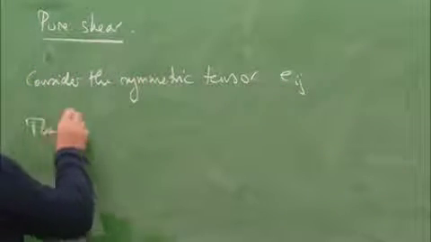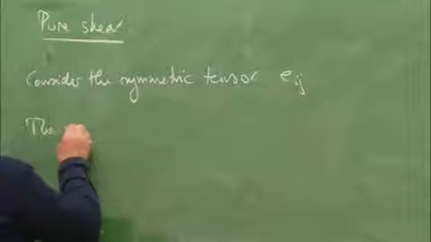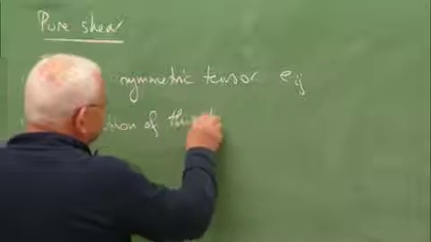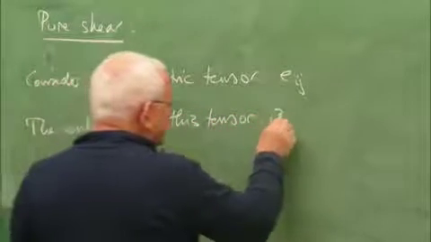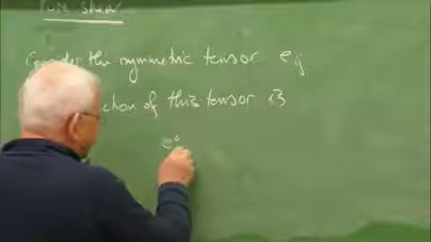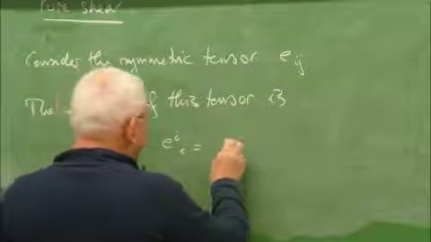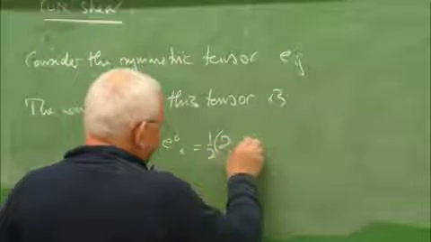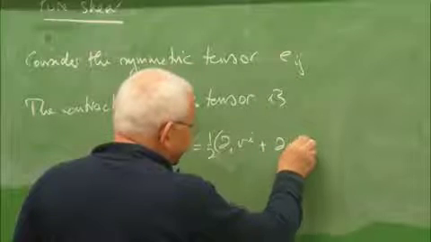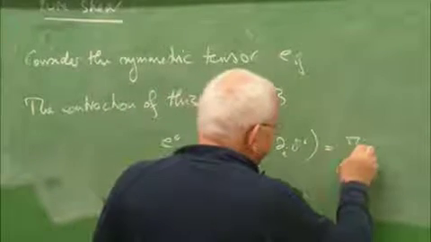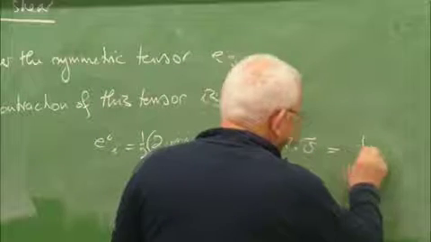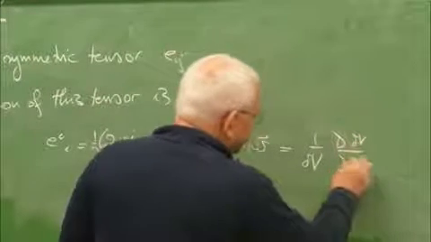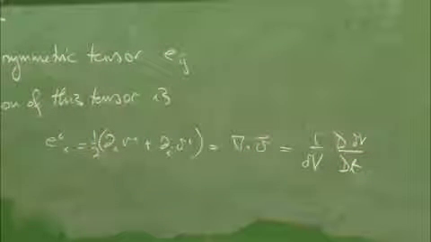The contraction of this tensor is eii, and that is given to us by di vi plus di vi, and that is lambda v, and this is equal to 1 over V, delta V, d delta V, dt, which is the volume expansion rate.